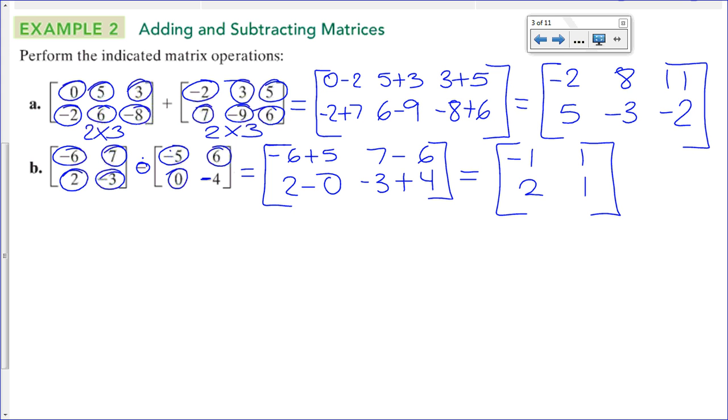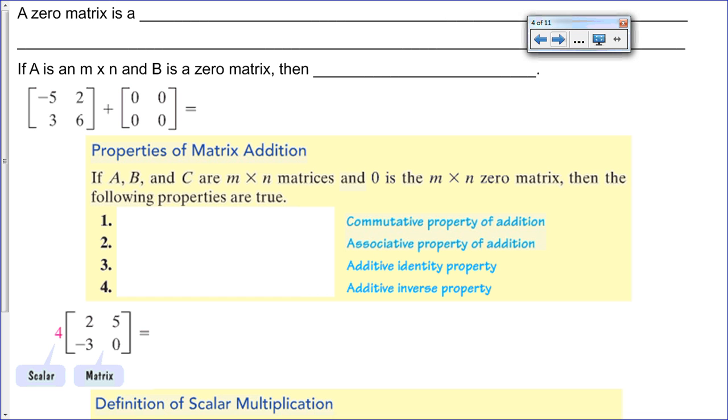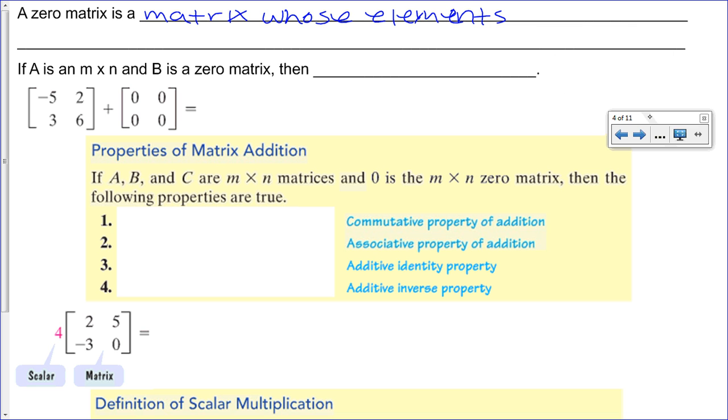So moving on to the next slide. A zero matrix is a matrix whose elements are all equal to 0.